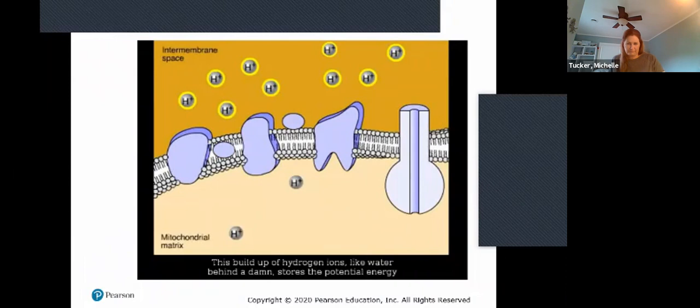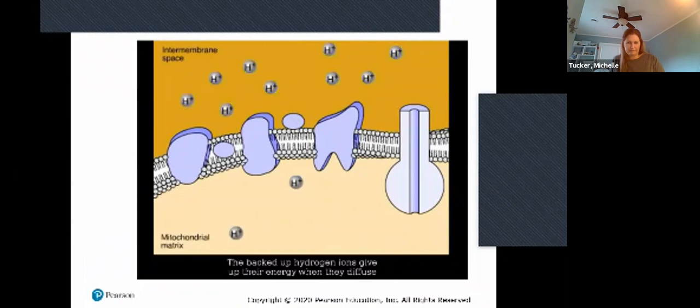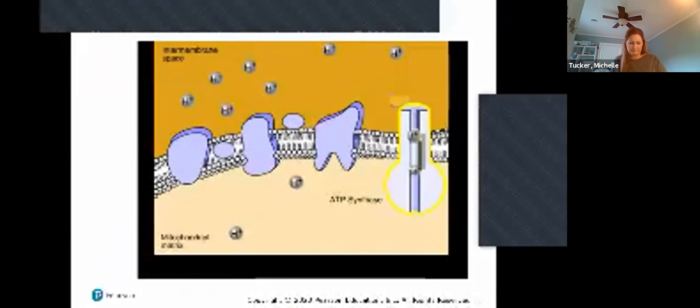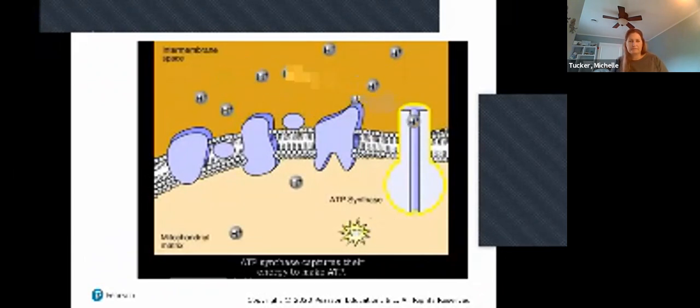This buildup of hydrogen ions, like water behind a dam, stores the potential energy that was originally in the bonds of glucose molecules. The backed-up hydrogen ions give up their energy when they diffuse through a special protein complex in the membrane called ATP synthase. As hydrogen ions flow down their concentration gradient, ATP synthase captures their energy to make ATP.